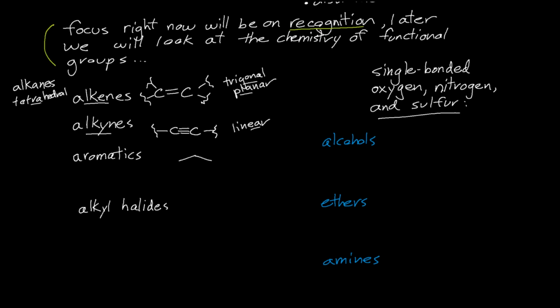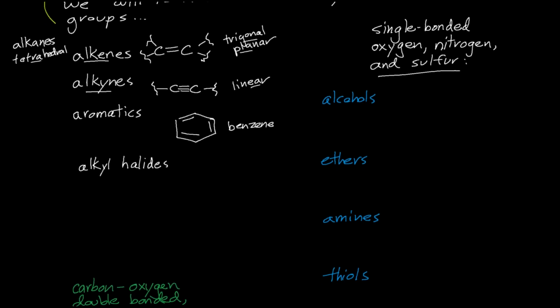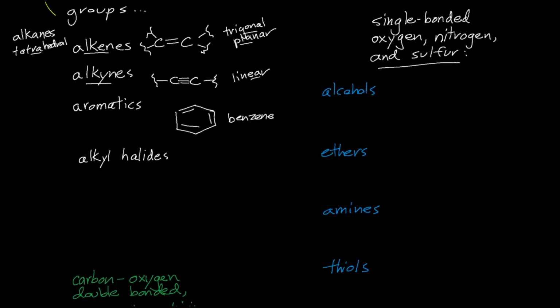Aromatics are kind of a special case of alkenes. So an aromatic benzene ring, this compound is called benzene, has multiple double bonds like this in a ring shape. You want to be able to recognize that benzene type ring as an aromatic ring.